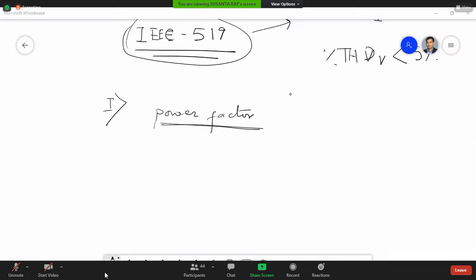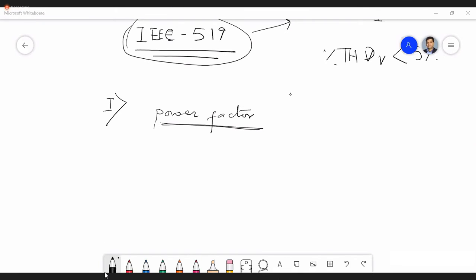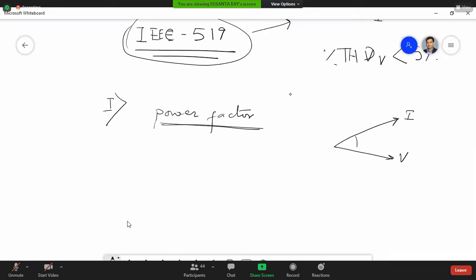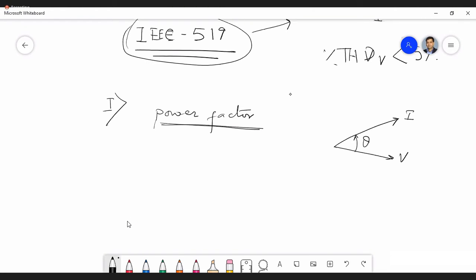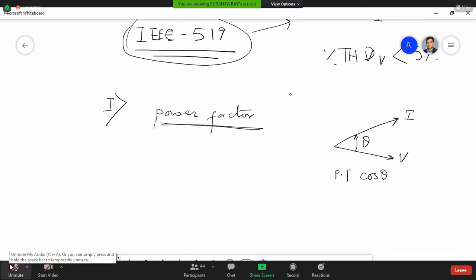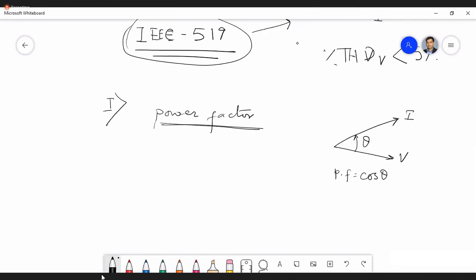Okay, so you are saying that if there is a voltage phasor, if there is a current phasor, and if the angle between them is theta, then it will be cos theta, isn't it? So that is your definition. Anybody else? Same thing, but I think we should take V as a reference phasor.